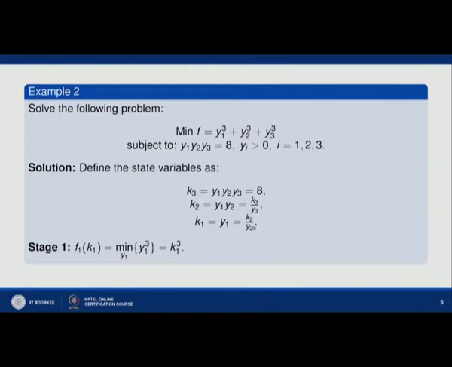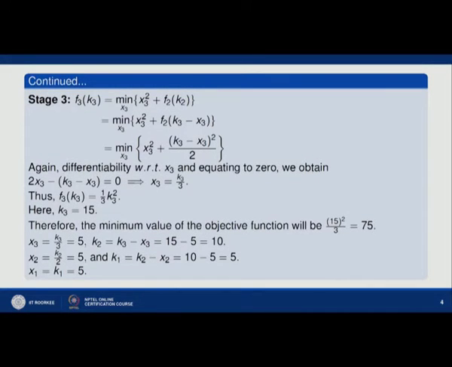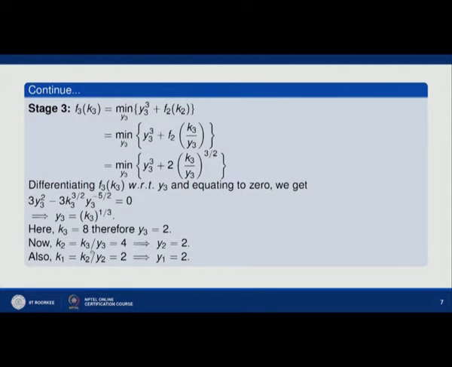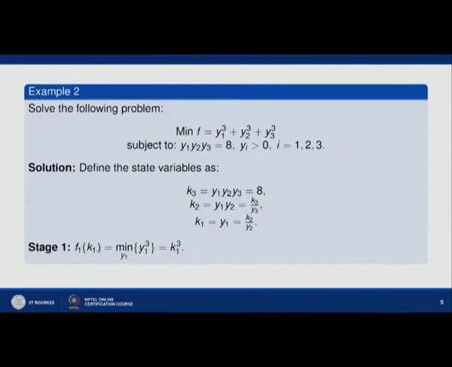So, in the next stage it is y2 cube plus f1 of k1, where k1 is k2 upon y2, and f1 of k1 is k1 cube.